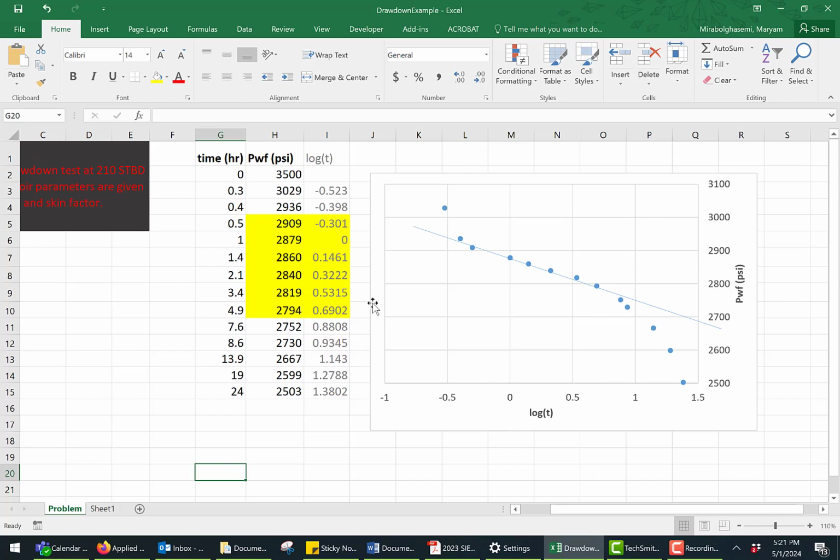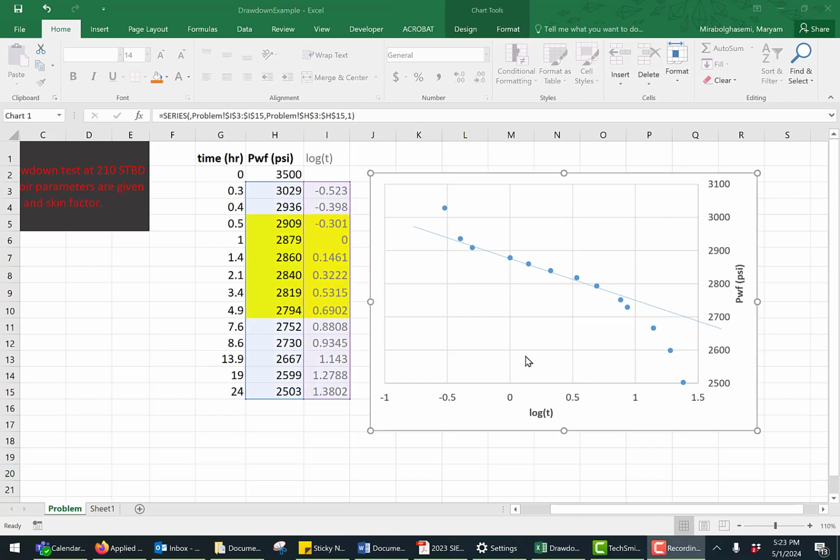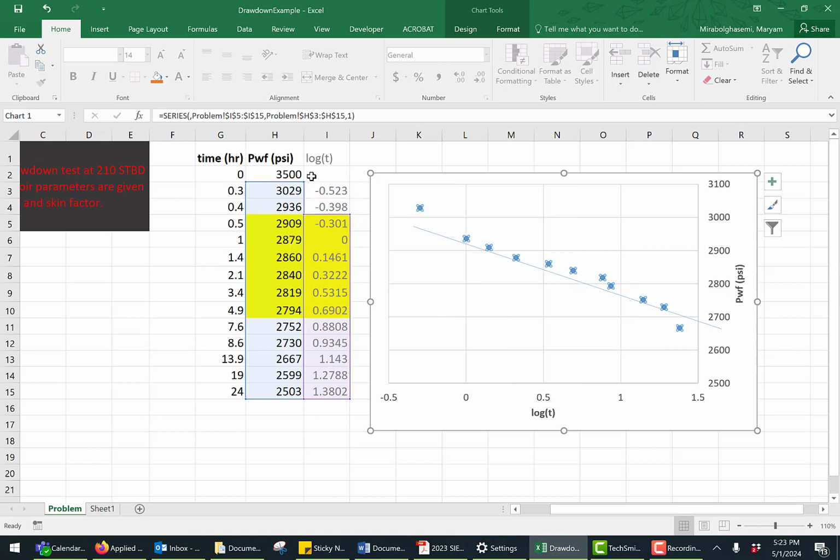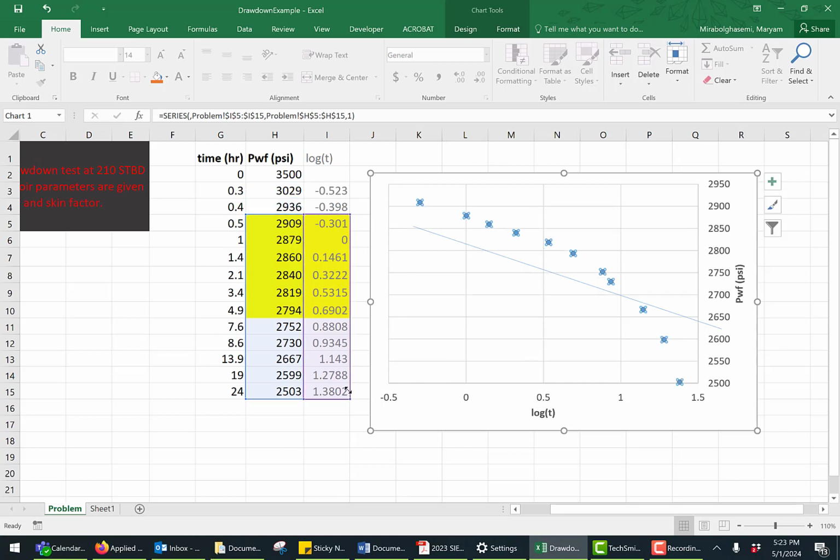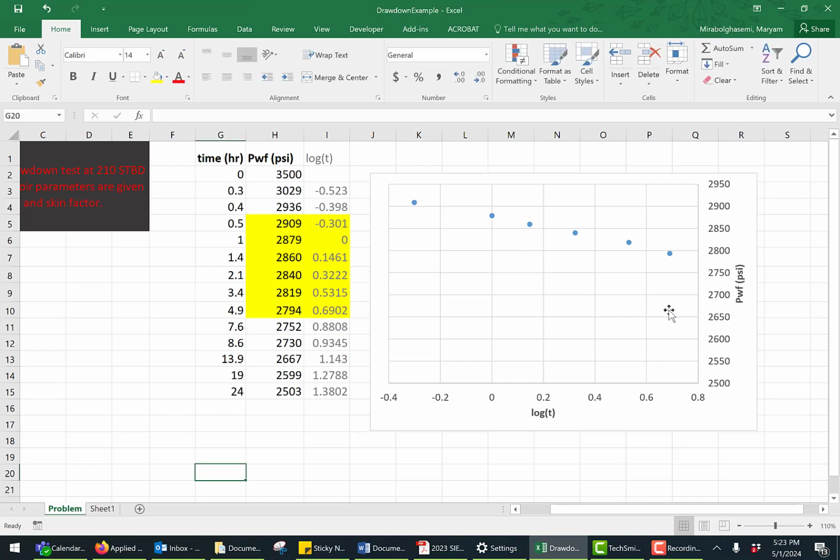So we don't need the rest of the points. Okay, let me just eliminate those data points that do not belong to this interval. Alright, so I can now get rid of this line. So visually, I can see the straight line.